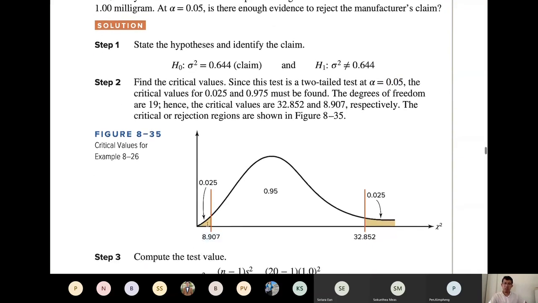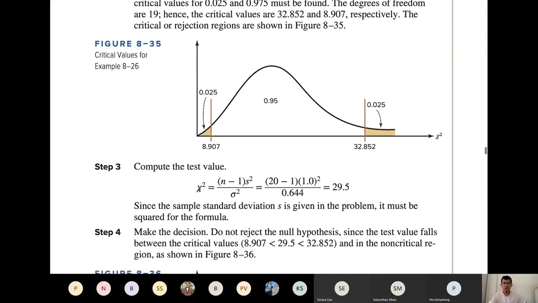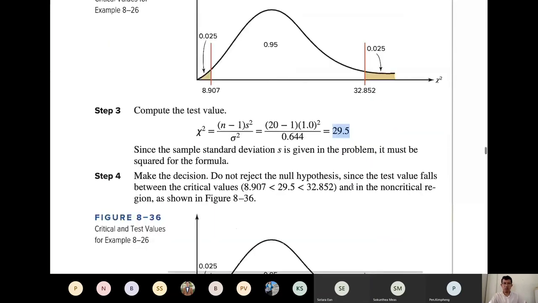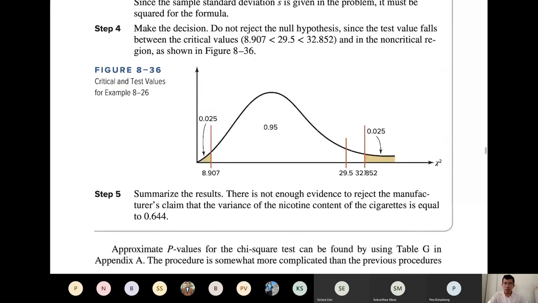So in this case, the rejection region is to this or this. You have to compute the test value using the same test statistic because everything is given here. And then you come up with a test value of 29.5. And where is 29.5? It is between the critical values, so it's outside the critical region or the rejection region.